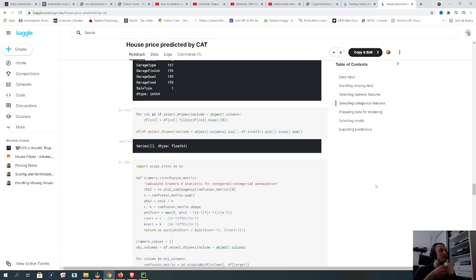Which makes sense because you can't substitute by the mean if it's a categorical value. And you don't want to change the data too much.